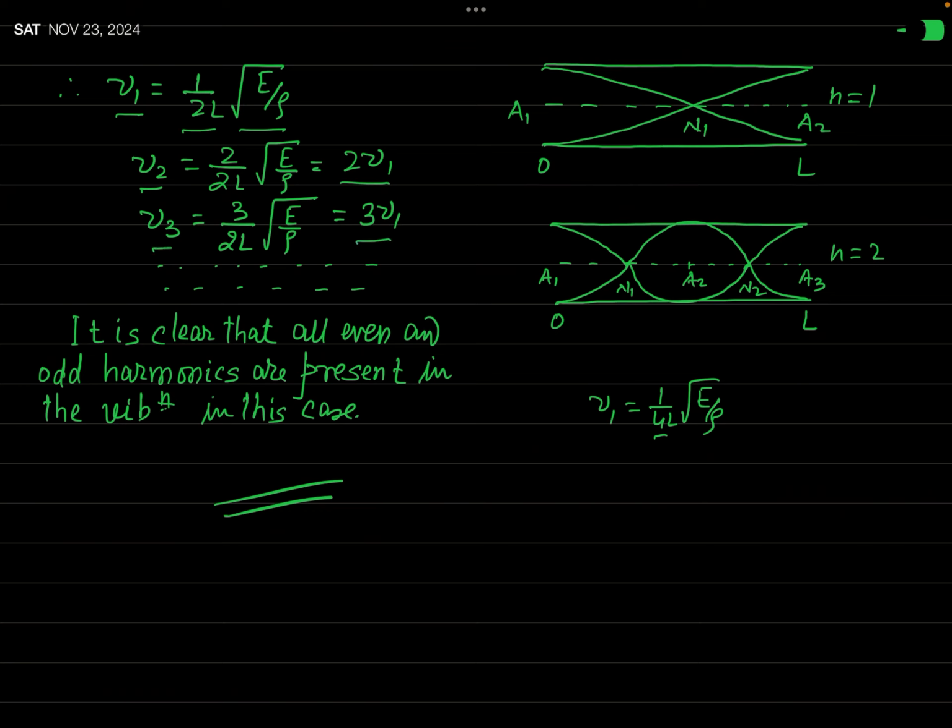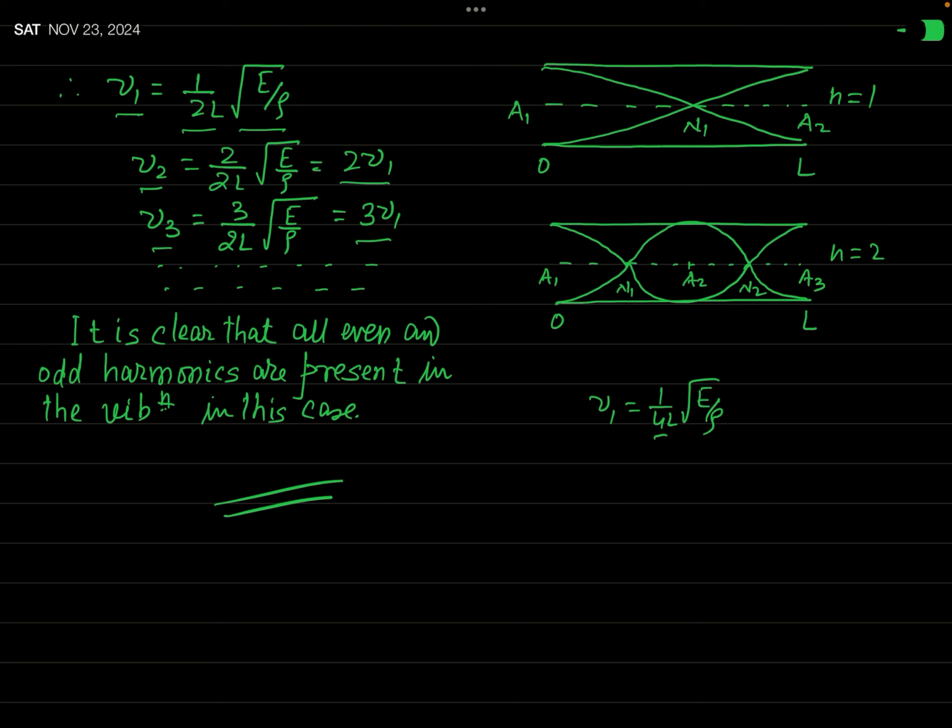So what you find here, actually, in this case, if you are talking about a tube which is open at both of its ends, then its vibration consists of all the harmonics, both even and odd harmonics of the fundamental frequency. Okay, this is the basic difference.